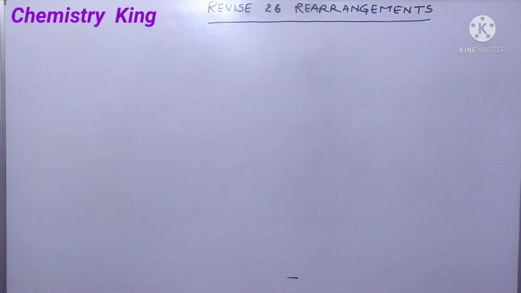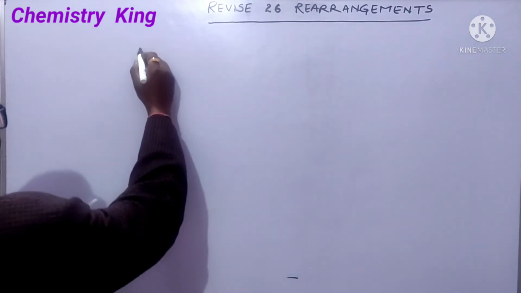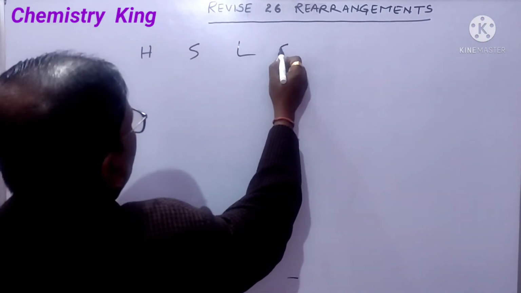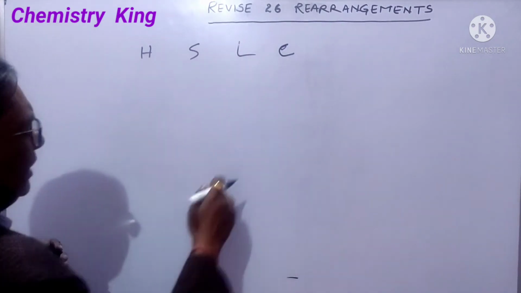Now we are going to teach you 4 rearrangements: Hofmann, Schmidt, Lossen and Curtius.